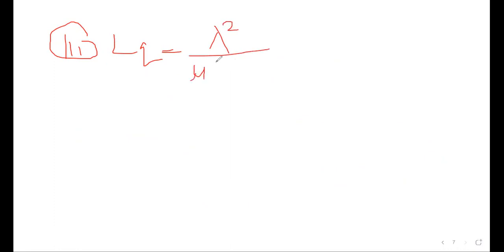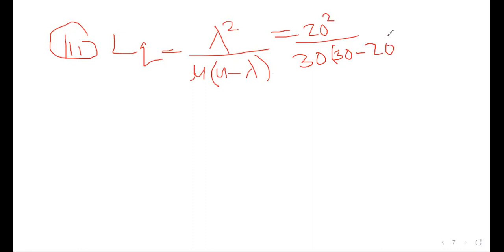So it will be 20 squared over 30 times 30 minus 20, which would be 400 over 300. You can find the answer like that.